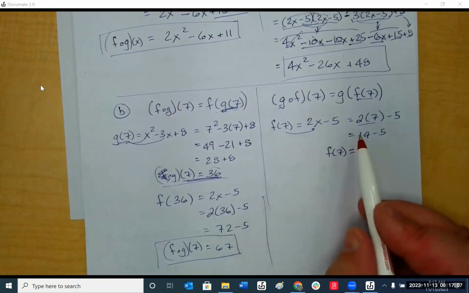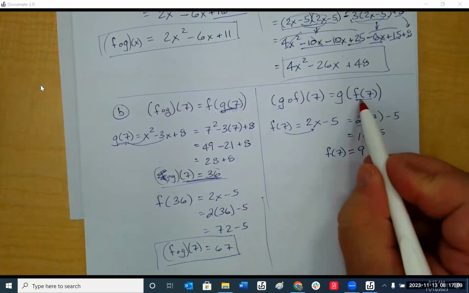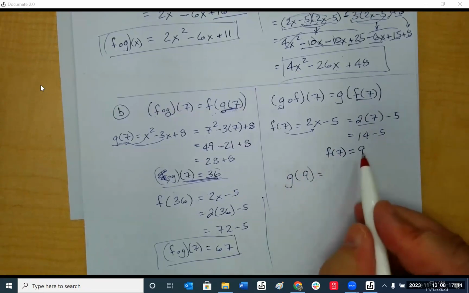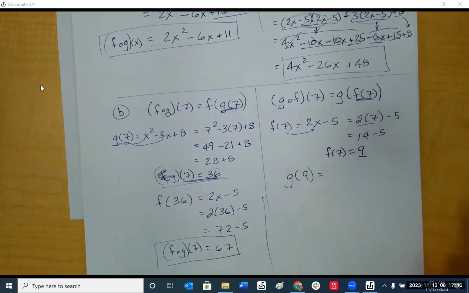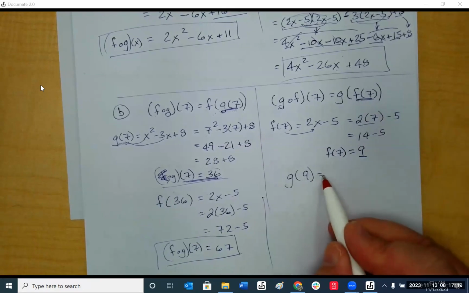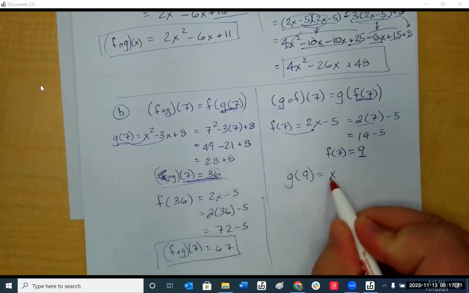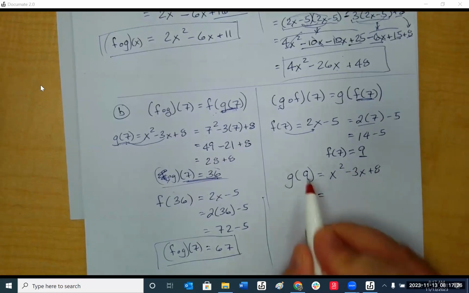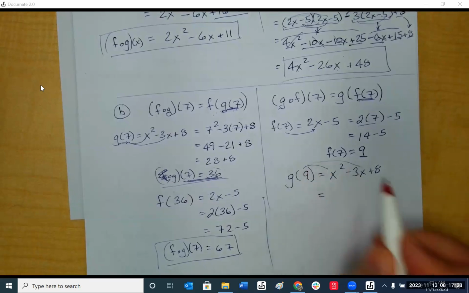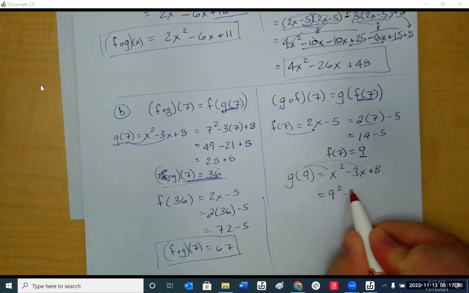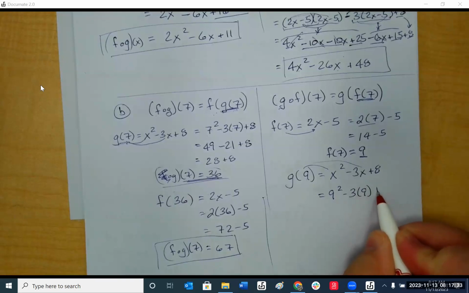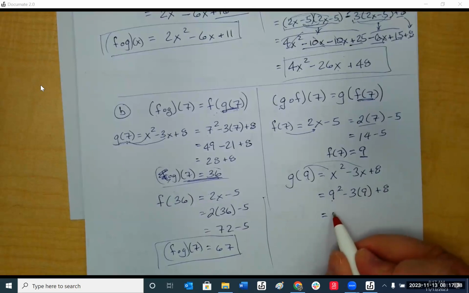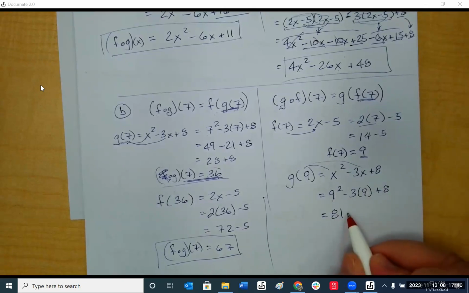So here we found f of 7, which is 9. So that is what we put inside the g. Because this is that. g is x squared minus 3x plus 8. Anywhere I see an x, I put a 9. Nine squared is 9 times 9 is 81.